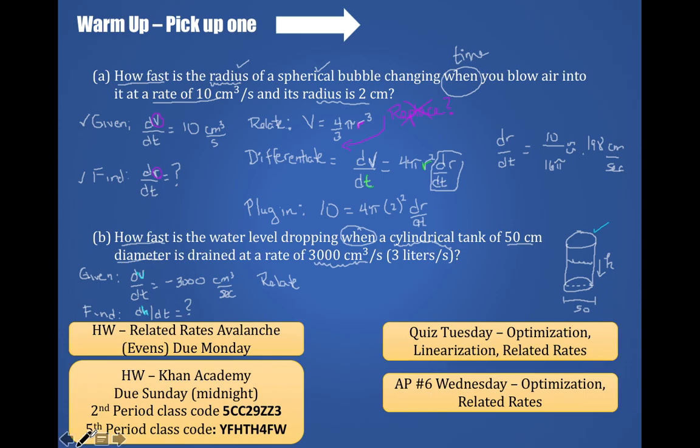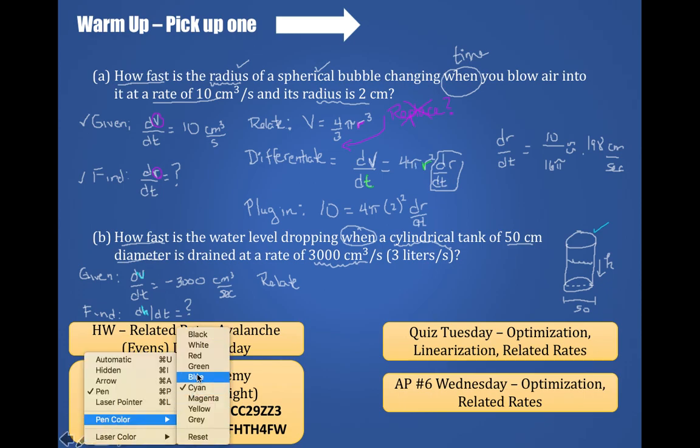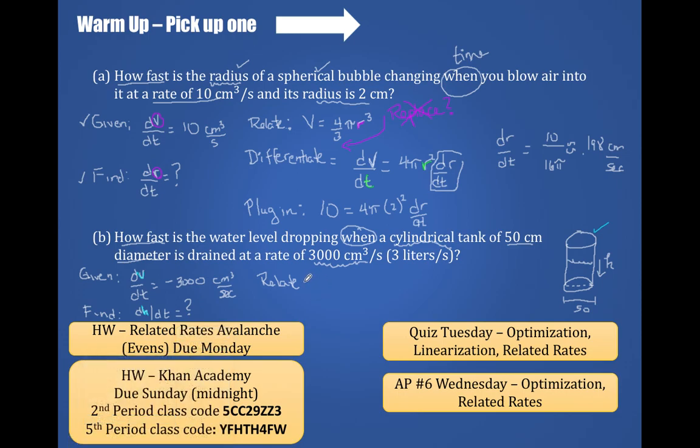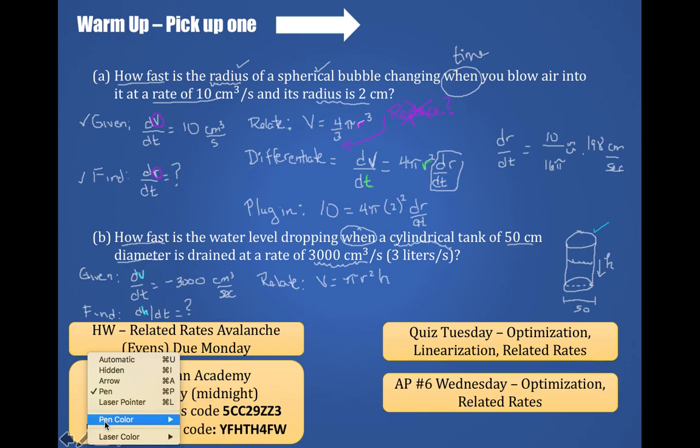So we want an equation with volume and the area of the base that has the R. That's too many variables.